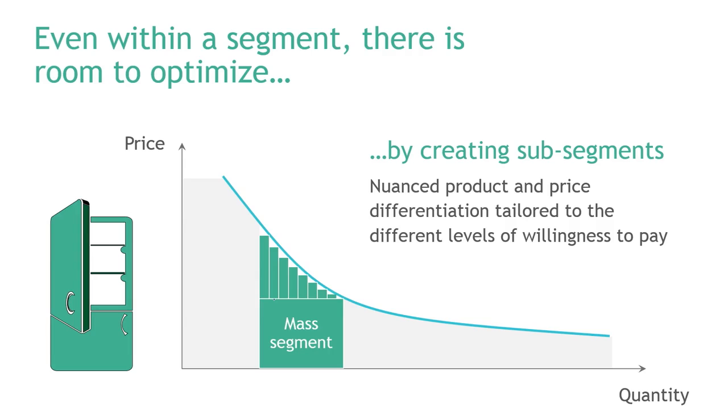Now you can think of different features and additions you can have. You can take the basic wire shelves and upgrade to glass shelves. You can add an ice maker, or you can have features that qualify you for an Energy Star because of energy saving features. And each of these features would suggest that you can charge a little bit more and therefore capture a bit more of your willingness to pay in your segment.